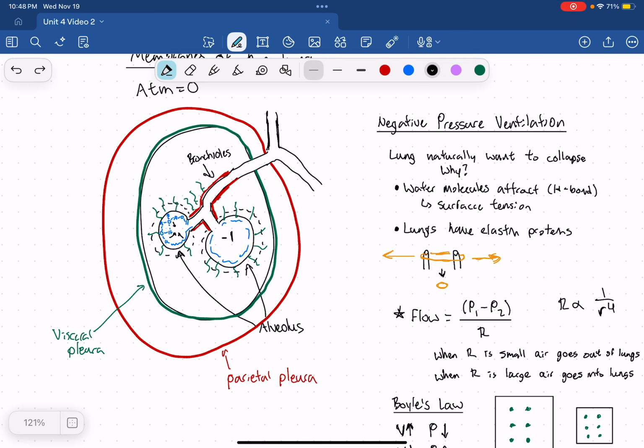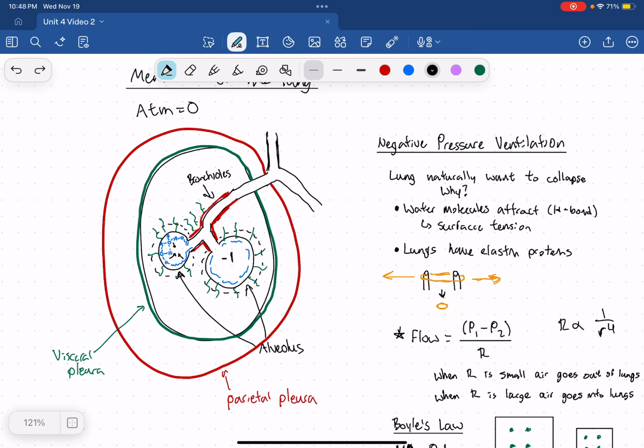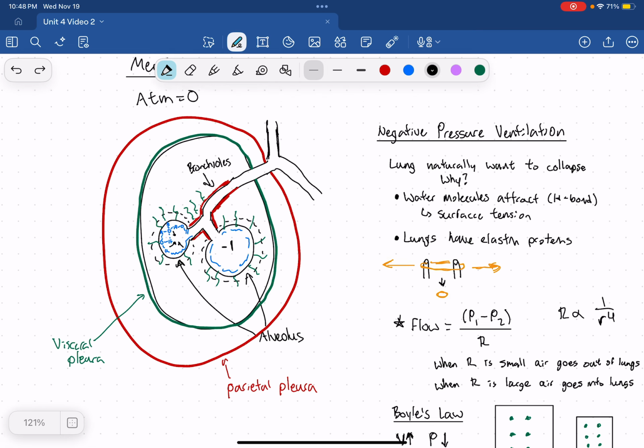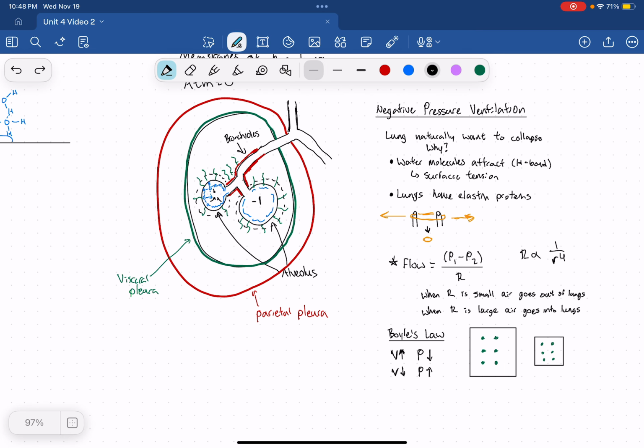So in this example, where the ATM is 0 and our alveolar pressure, AP, is -1, air flows into the lungs.